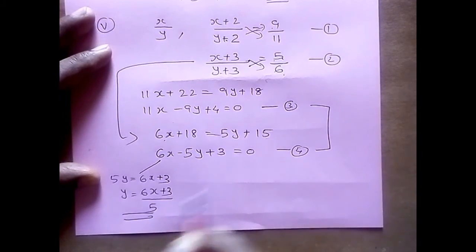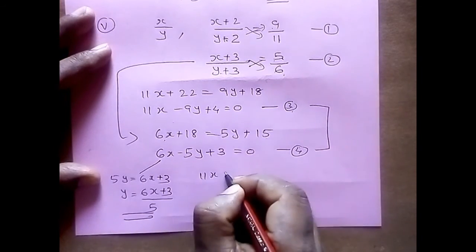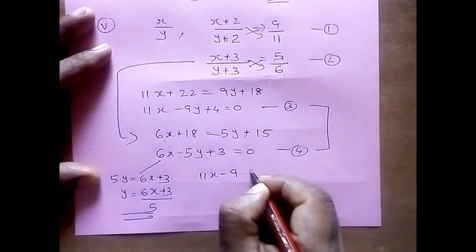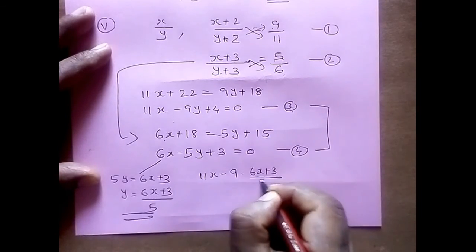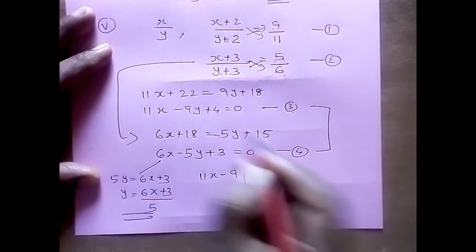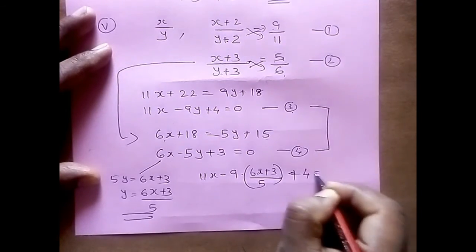This value we will substitute in equation 3. So 11x minus 9 into (6x plus 3) divided by 5, plus 4 equal to 0.